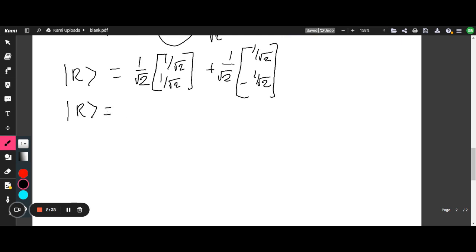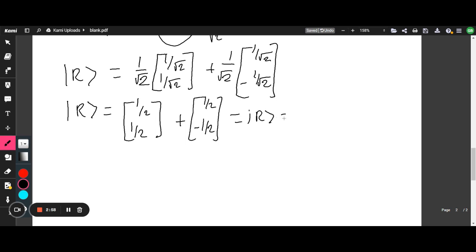So now multiplying the coefficients, we get 1 over 2, 1 over 2, plus 1 over 2, negative 1 over 2. And we get the final answer to be 1, 0. So by using the probability, we can find the probability of finding spin up in the third analyzer.